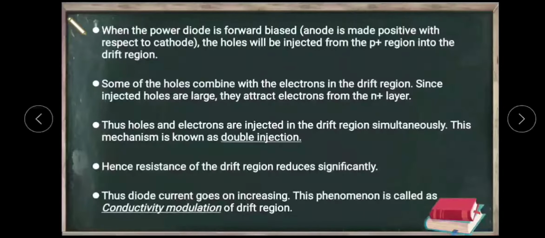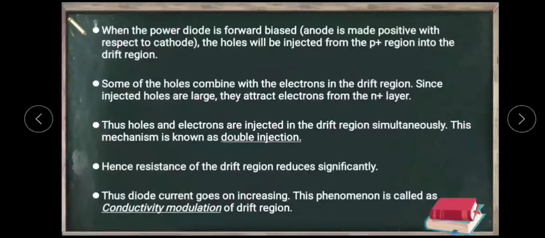Thus, holes and electrons are injected into the drift region. This process we call double injection. As a result, the resistance of the drift region reduces, so the current goes on increasing. This phenomenon we call conductivity modulation.